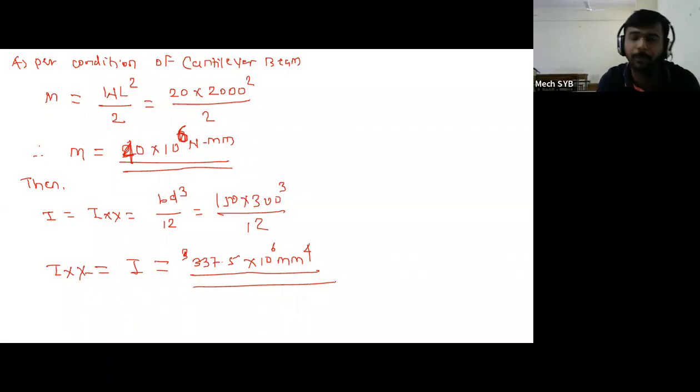Please check your answers. For the moment of inertia of the rectangular section, we have the formula BD cube by 12. 337.5 into 10 raised to 6 mm raised to 4.